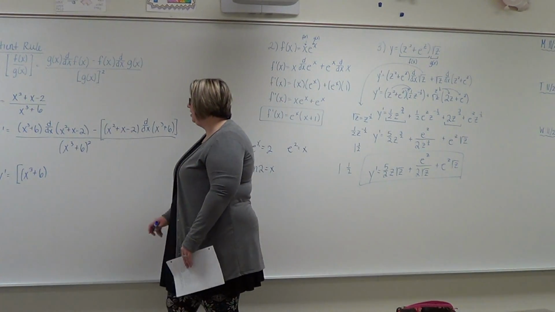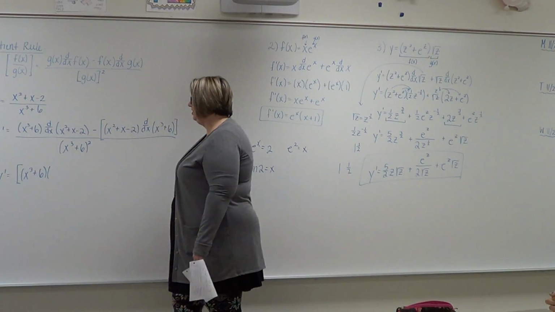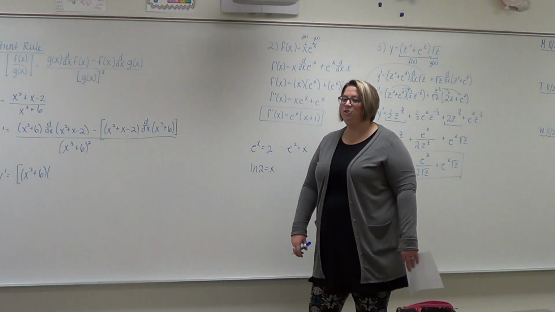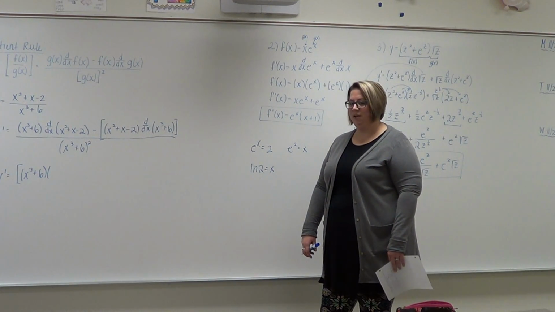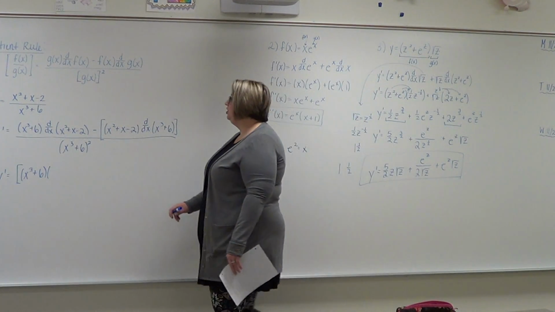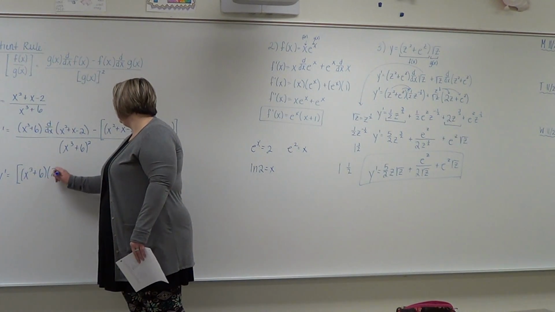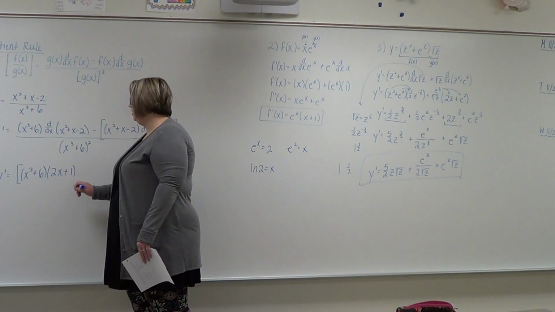Okay, x cubed plus 6. Now I have to find the derivative of x squared plus x minus 2. What would my derivative of that be? 2x plus 1 minus 0. Yes, good. So can I just put 2x plus 1? Yeah.